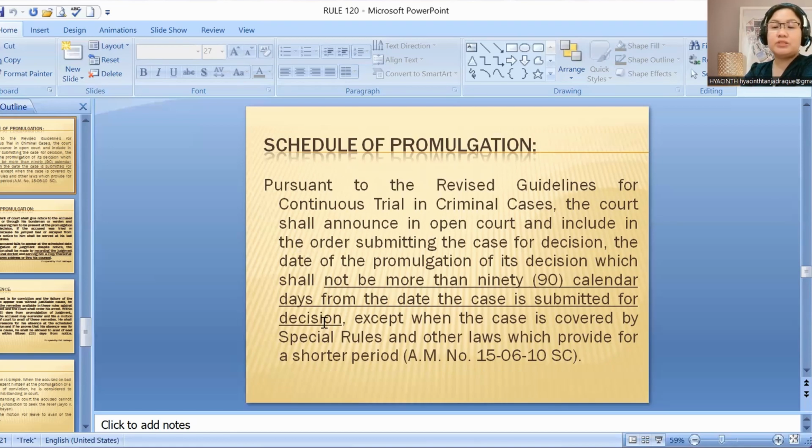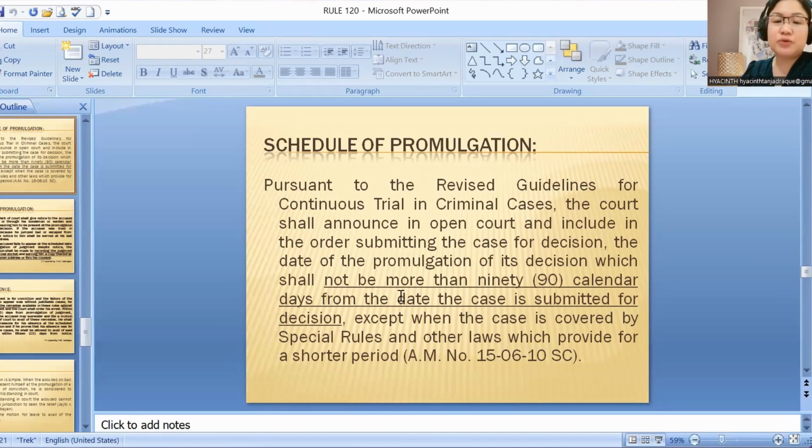In other words, in the last order prior to promulgation, you have the formal offer of exhibits by the defense, and let's say there was no rebuttal, so in that same order, the court has to state the date already as to when shall be the promulgation of judgment.